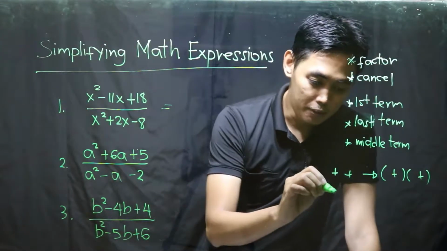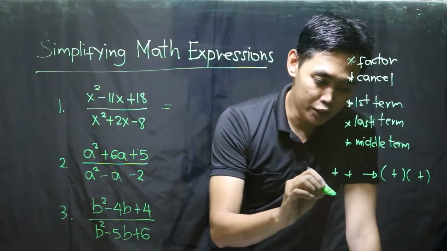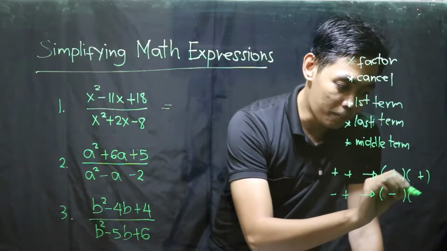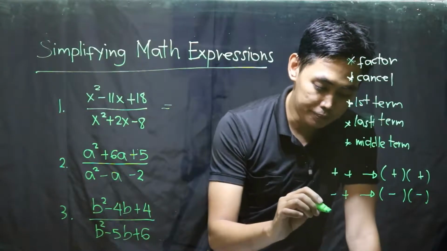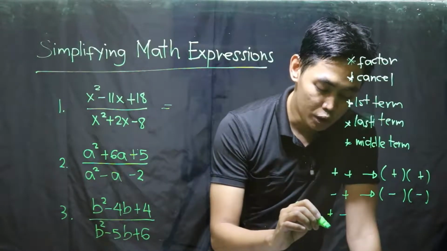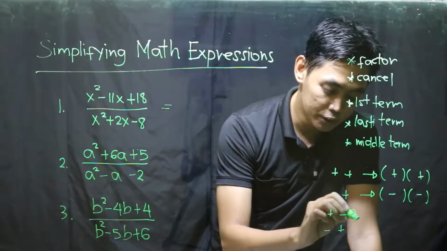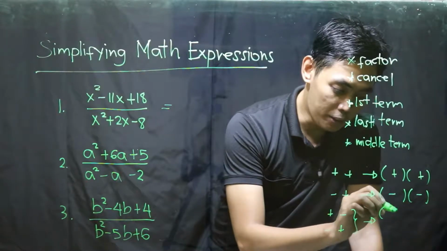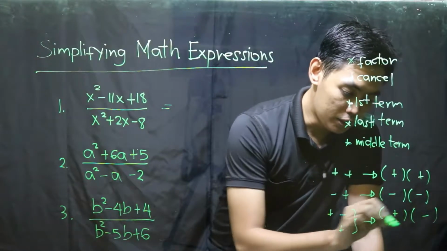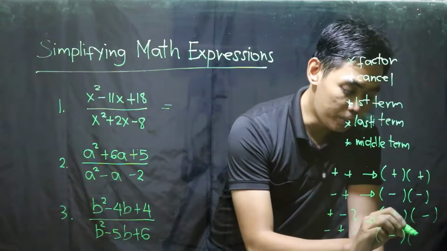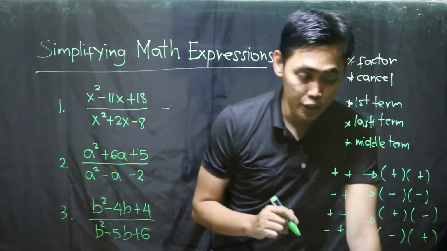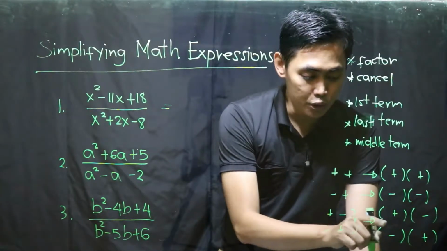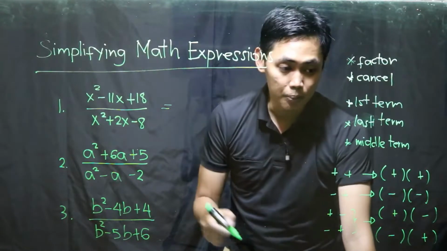If you have minus plus, the answer is minus minus. And if you have plus minus or minus plus, it depends on which is the bigger number, or what the middle term is. So you may choose this or this, depending on the middle term.